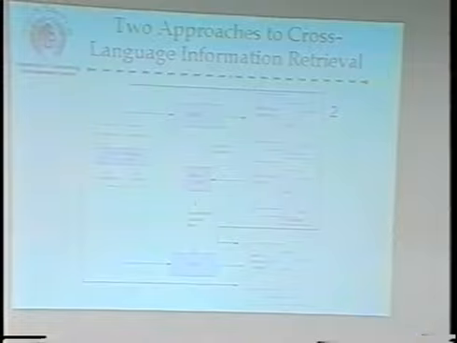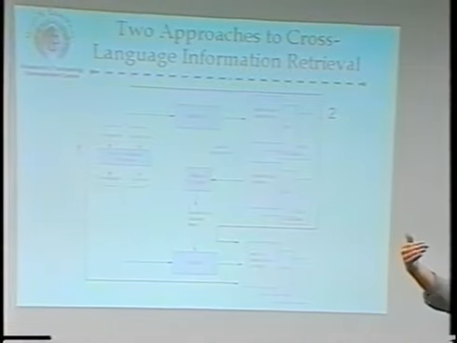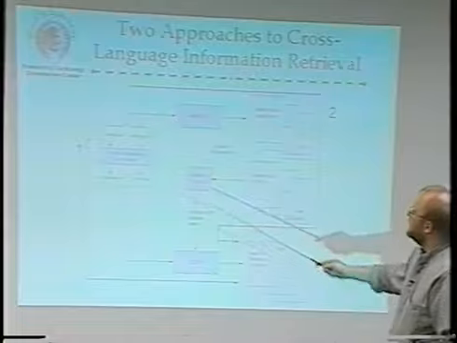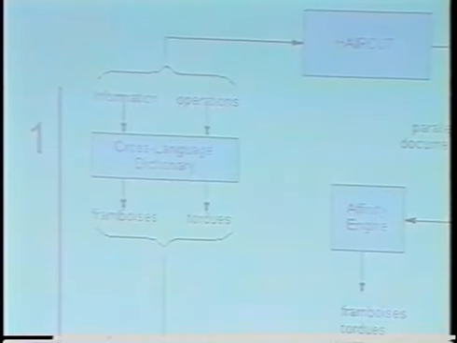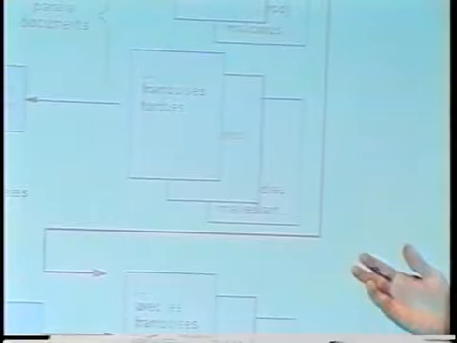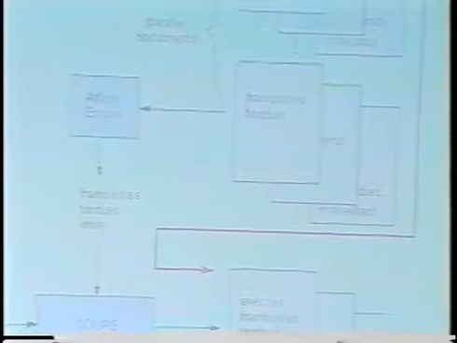There is the traditional way for doing cross-language retrieval, and the way that I just described is you have a query, information operations for those of you. I live at APL, and APL has a lot of Navy sponsors, and so you have to sort of throw around military terms to sound good. So information operations is a military term for what the press at large calls hacking, which we know is not hacking, is cracking.